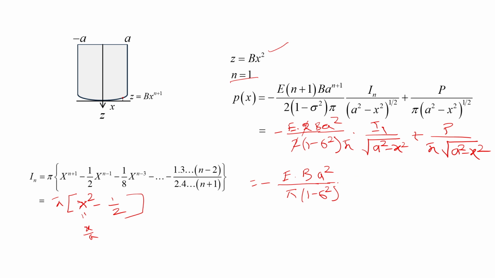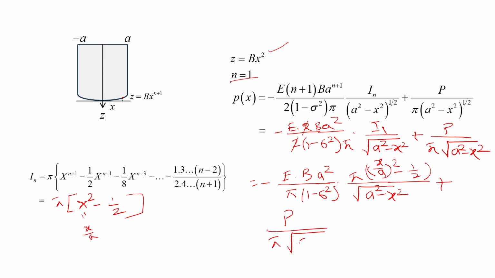So, it is actually given as pi and pi into square root of a square minus x square, and this is x by a square minus half plus capital P by pi into square root of a square minus x square, like that.